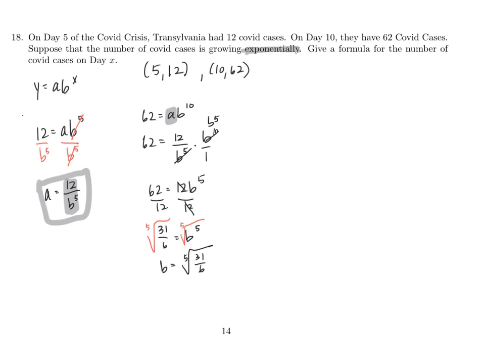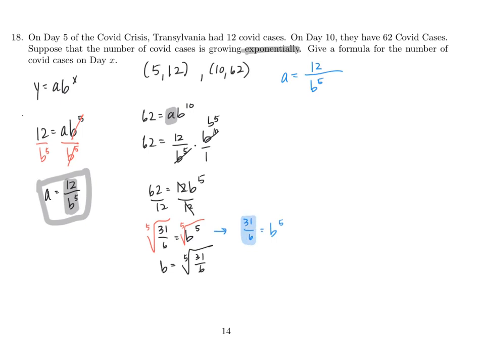So now that I know what B is, I need to go find what A is without a B. So now I have to plug this in for B. Okay? So I'm going to have, let's do this in blue, A equals 12 over B to the 5th. Notice I had right here 31 over 6 is equal to B to the 5th before I took the 5th root. B to the 5th then is defined as 31 over 6.